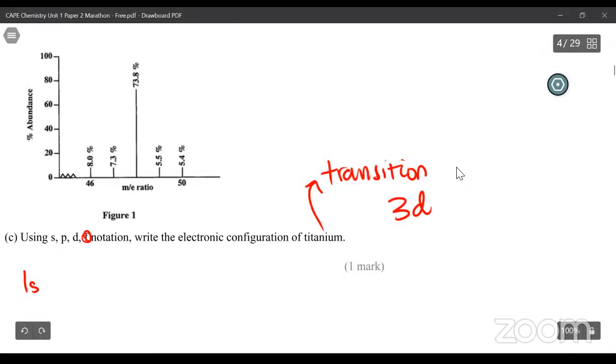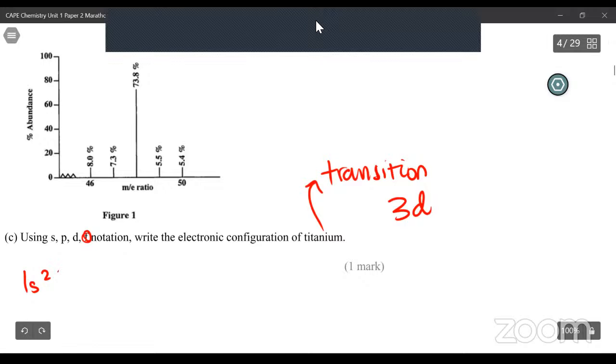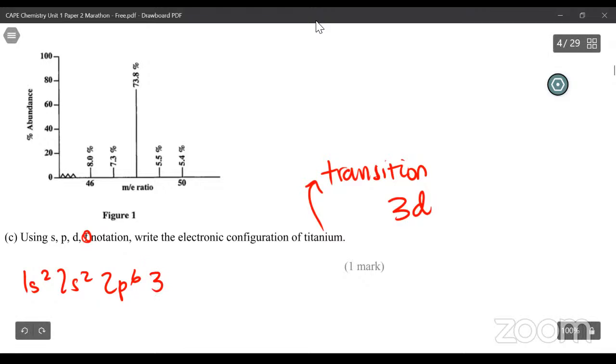First we want to start with the first quantum level. So 1s, and 2 electrons go in the s. So 1s2, 2s2 as well, 2p6. So far that's 10 electrons gone from the 22. We're going to 3s2, 3p6. Now, we fill the 4s before the 3d, so let's write 3d, but then 4s2, and add that up.